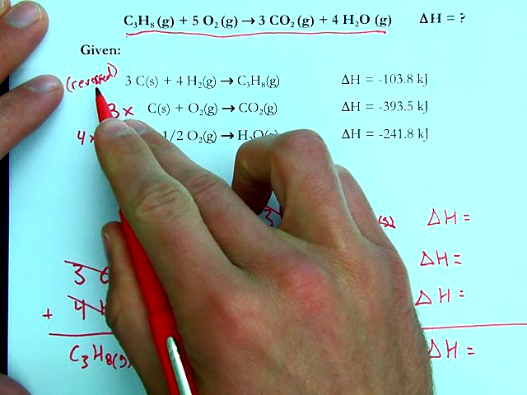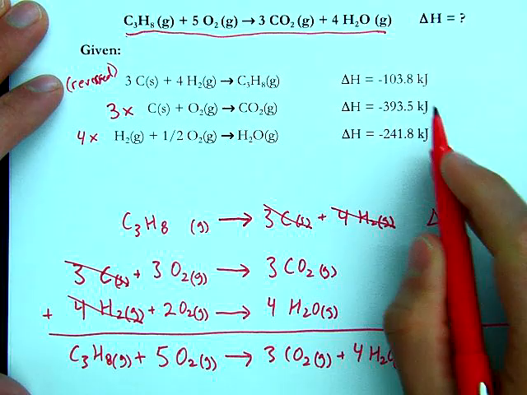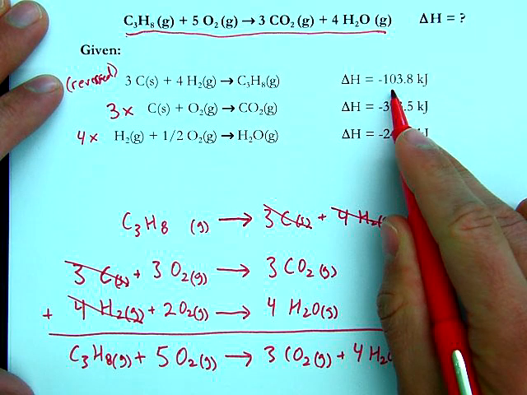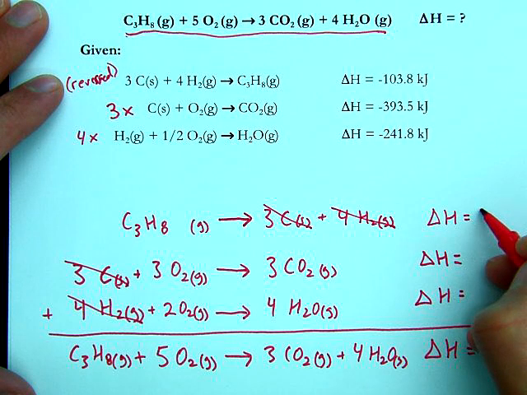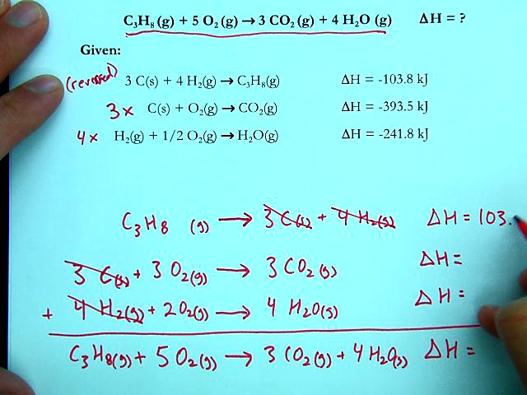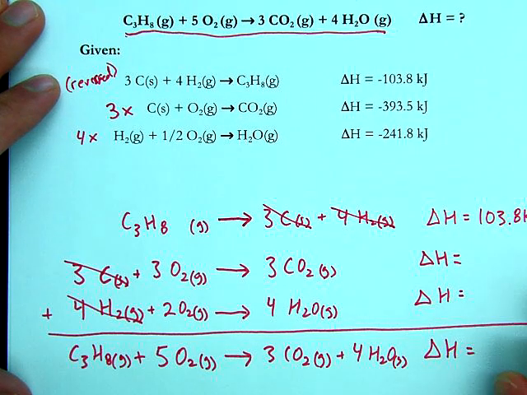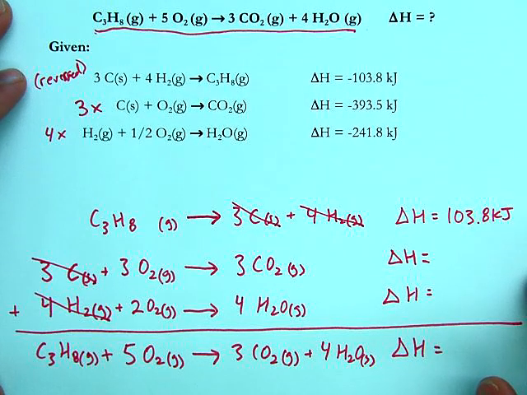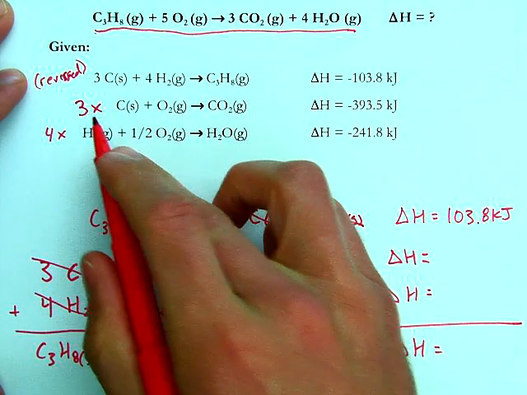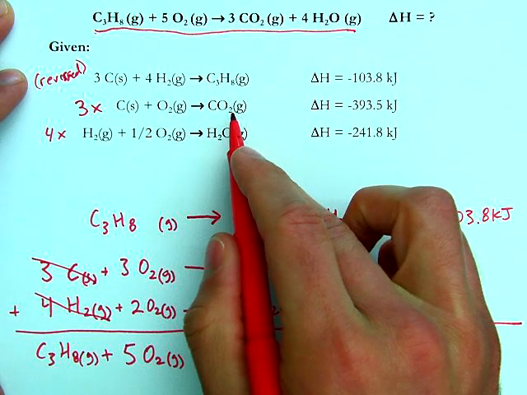So this first one we reversed. So instead of minus 103.8 kilojoules, this one is going to be positive 103.8 kilojoules. I might have to zoom out a little bit. The second equation we multiplied by 3.